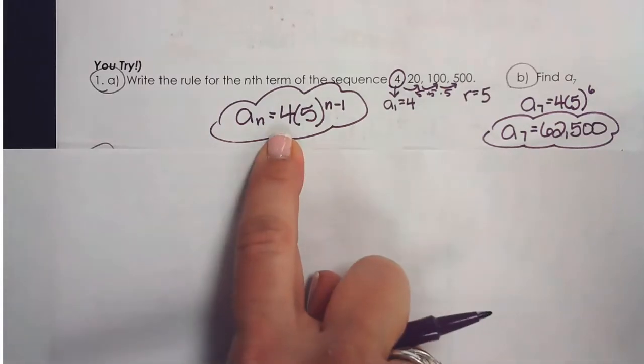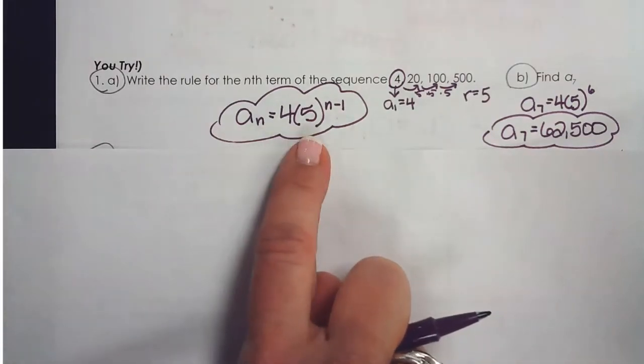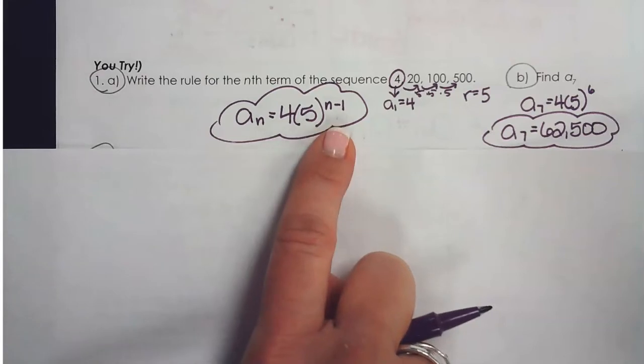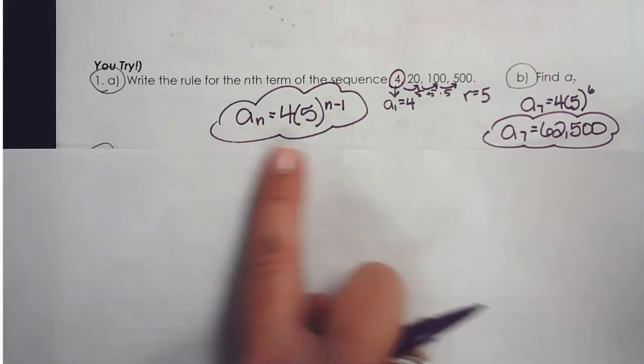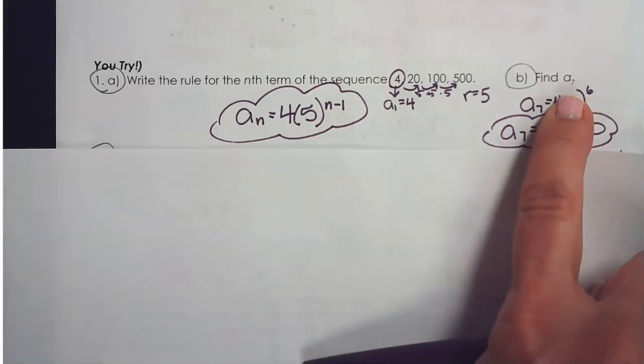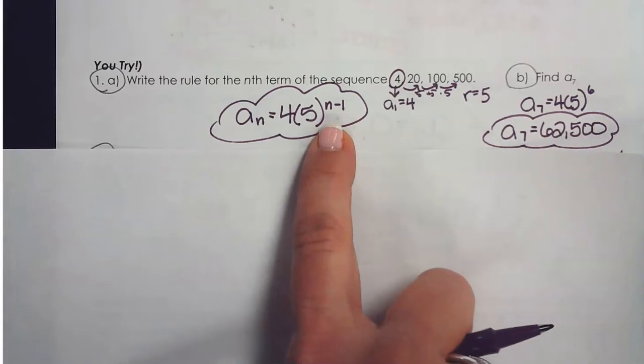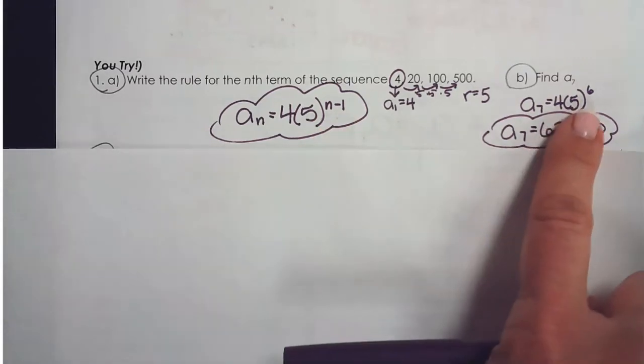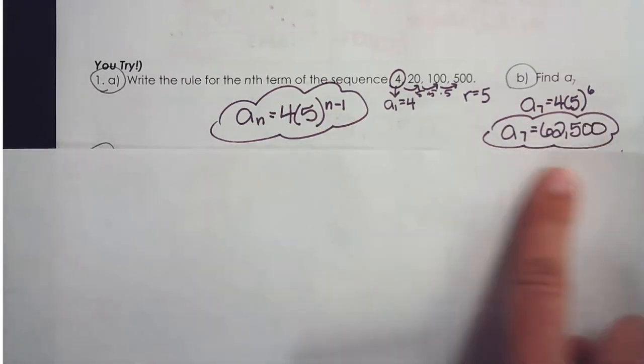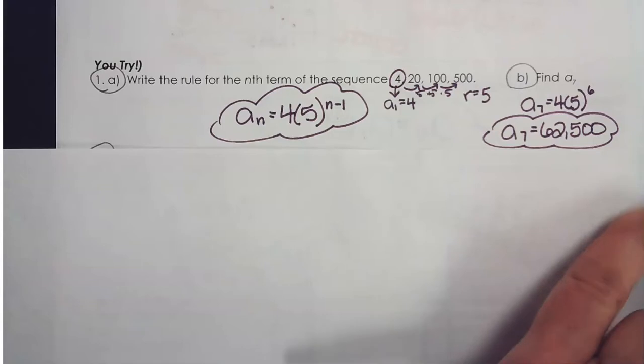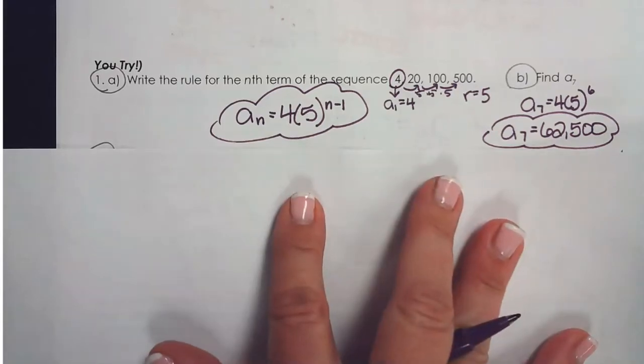You need a number for A sub 1, you need a number for R, and then that's raised to the n minus 1. Now that we have that rule, we can find A sub 7. If I put 7 in for n, that means that we're going to have an exponent of 6. So A sub 7 is 62,500. Any clarifications on you try 1, A or B?